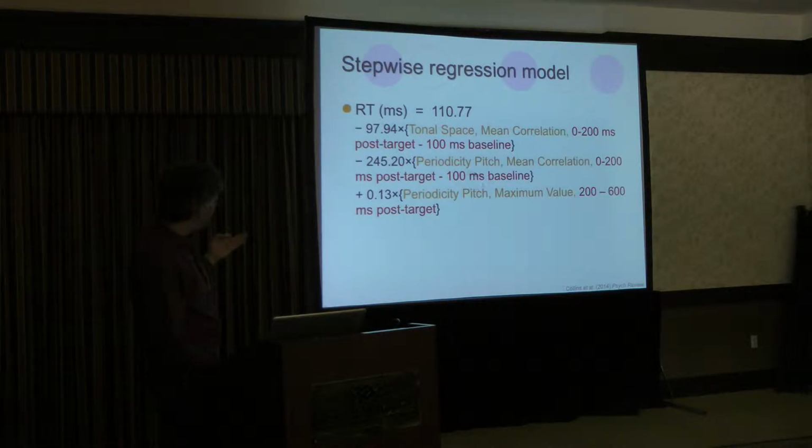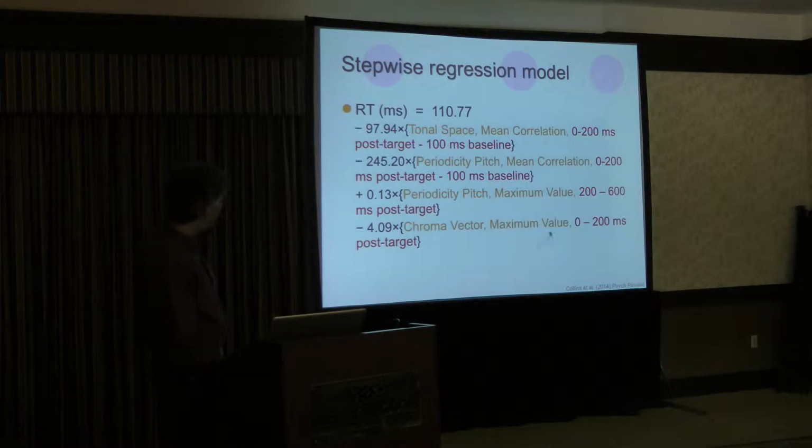Then for the periodicity pitch representation, then another measure on the periodicity pitch representation. And then coming in dead last are the chroma vectors. And if you just look at how well the chroma vectors alone explain the variance, it's about half as well as the periodicity pitch or the tonal space representation.